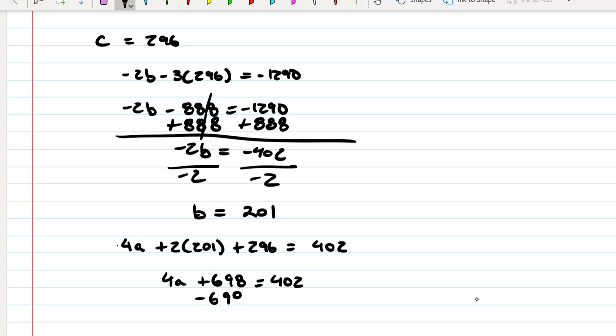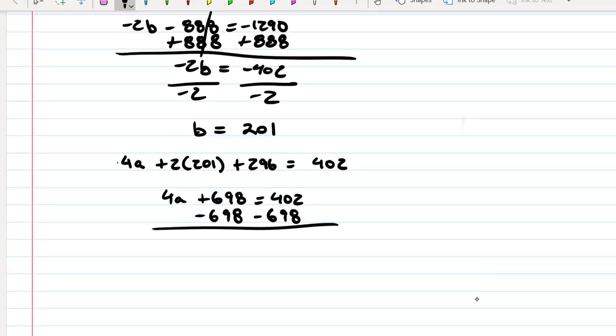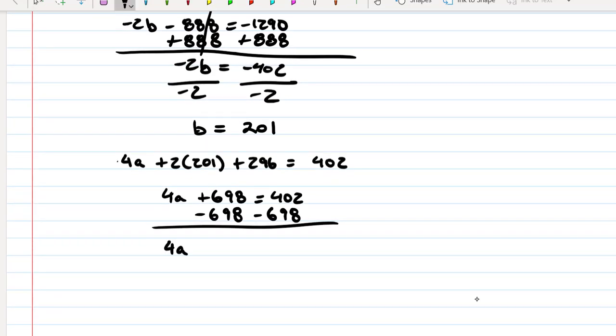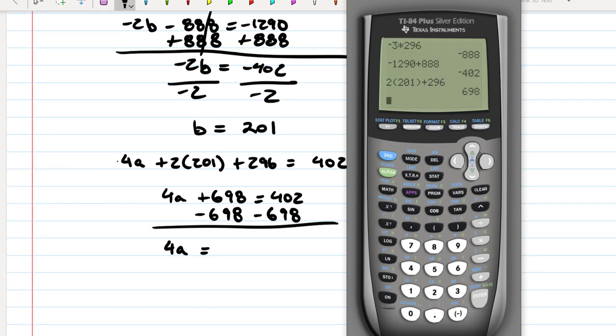So I minus 698 and I minus 698, getting 4a equals 402 minus 698 gives me negative 296.